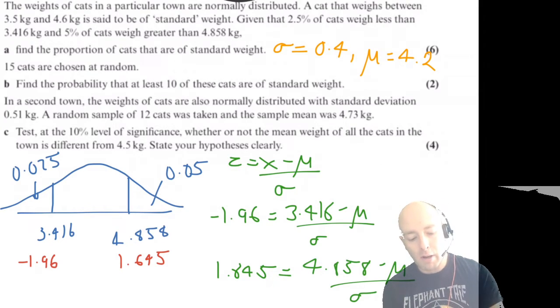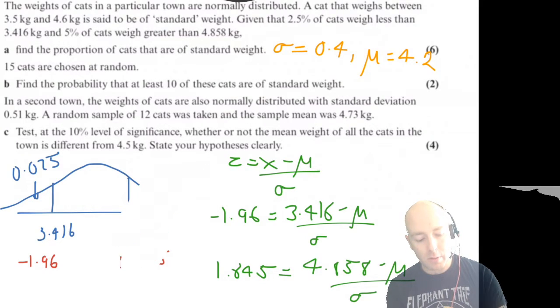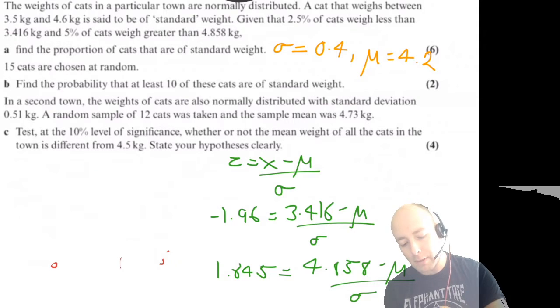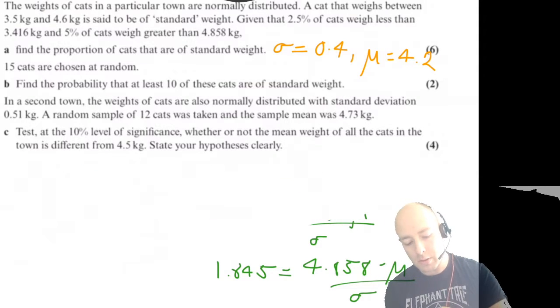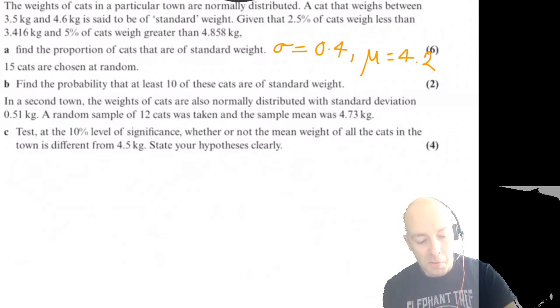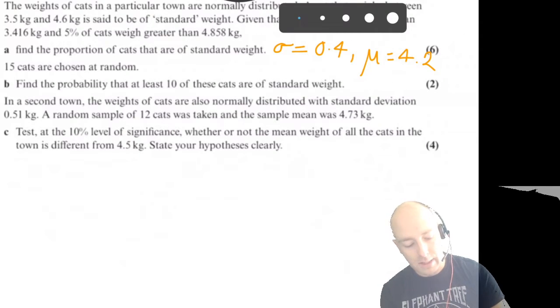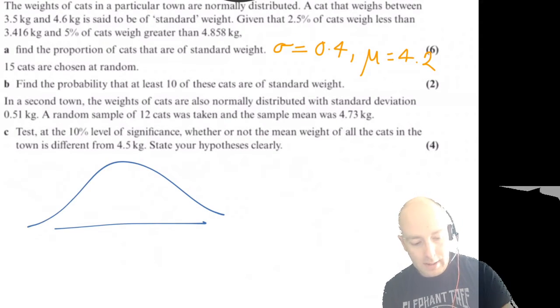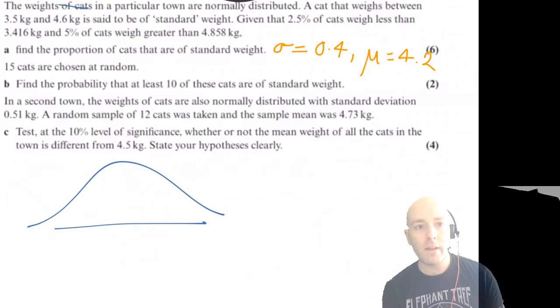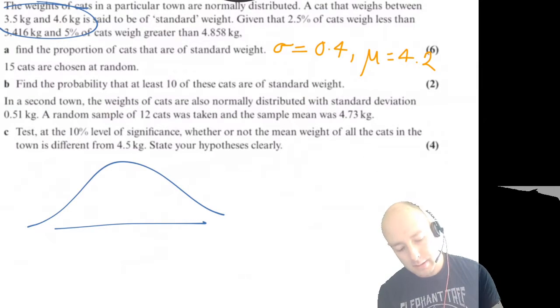Cool. Right, once we've done that, we still haven't solved the question, but we've got everything we need now. The rest should be pretty straightforward. So what it's actually asking us to do is find the proportion of cats that are of standard weight, and standard weight is between 3.5 and 4.6. So 3.5, 4.6.